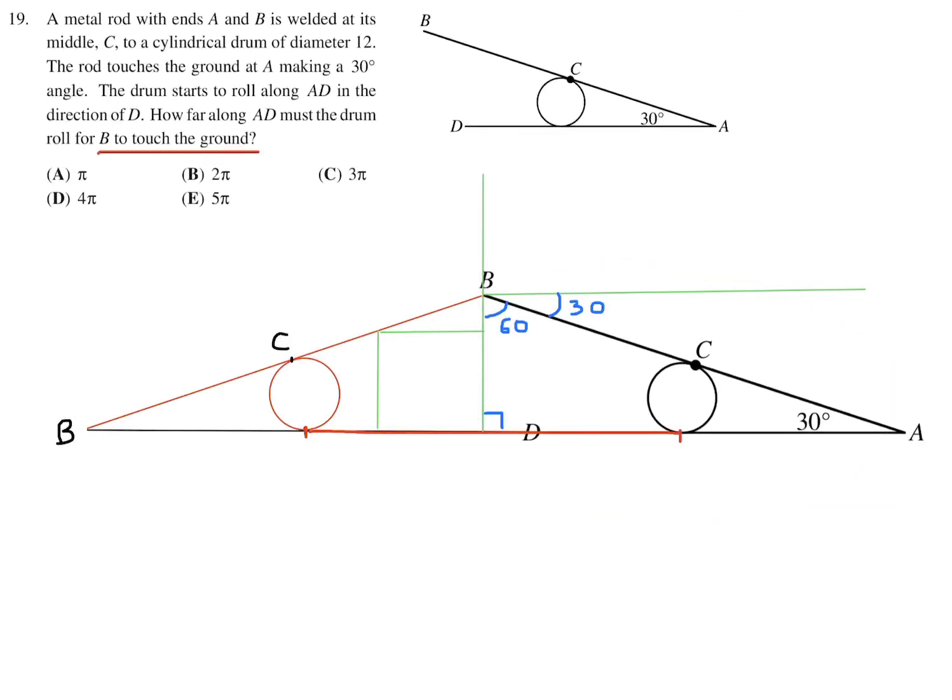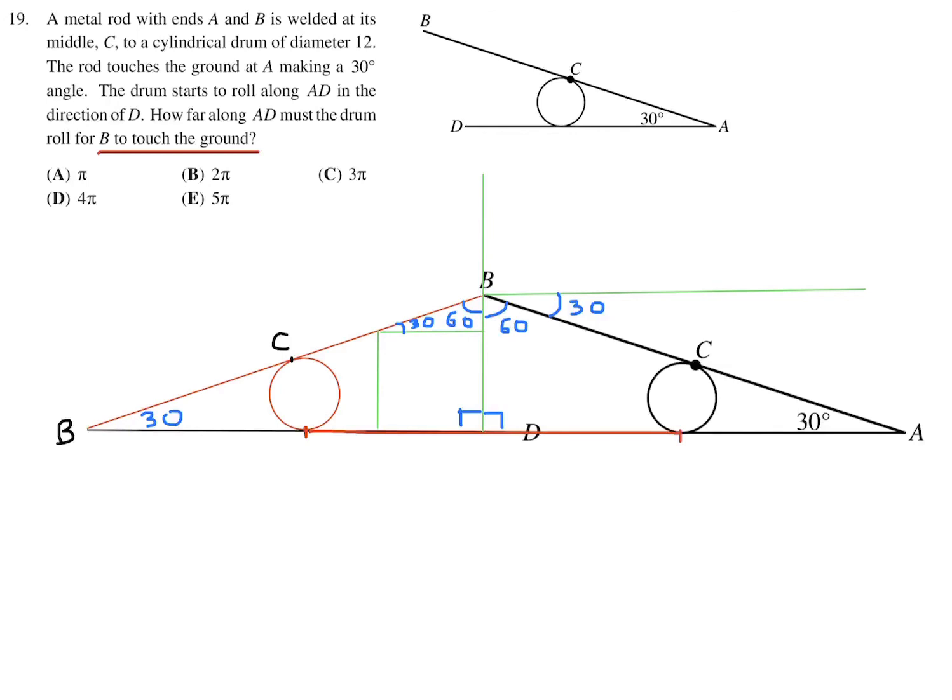So if this is 30, then this is 30. It's the same rod, just now on the other side. And therefore this angle in here is 90, and this one is also 60. Okay? I hope that makes sense. And then this angle in here, if I can squeeze it in, is 30 degrees.